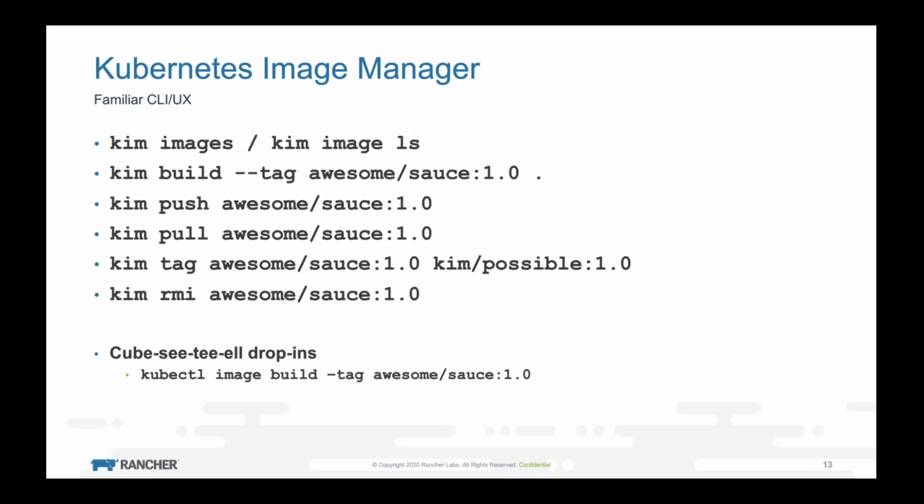I know some folks may be very familiar with CRI CTL, but it's always different than kubectl, and I don't like to switch my modes. I know Docker really well, I know kubectl well enough. I don't want to have to keep a long stack of tools in my toolbox and in my head if I don't have to. And so that's kind of why we did that.